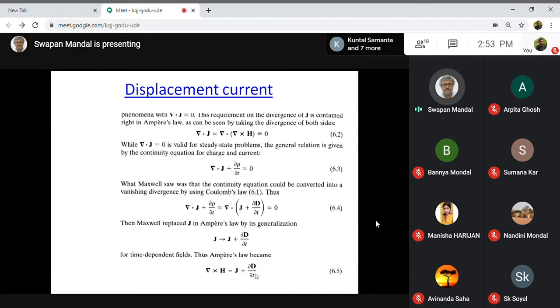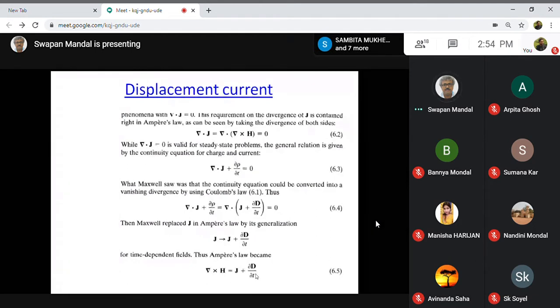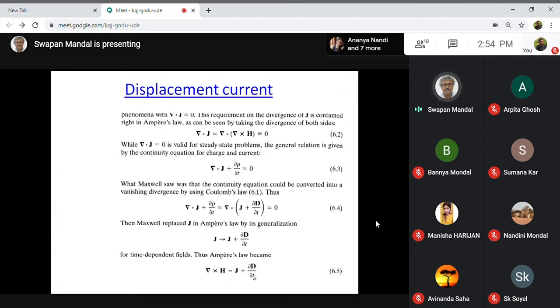We cannot communicate or do whatever we want. It is impossible without the concept of the electromagnetic field. So this equation is basically Ampere's law after Maxwell's modification, and the modification came through this term only.